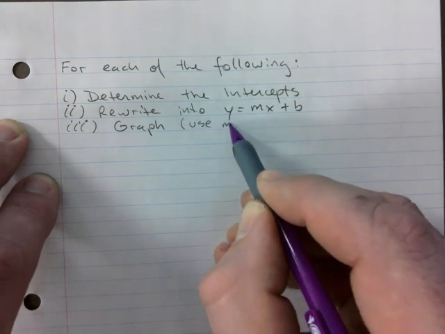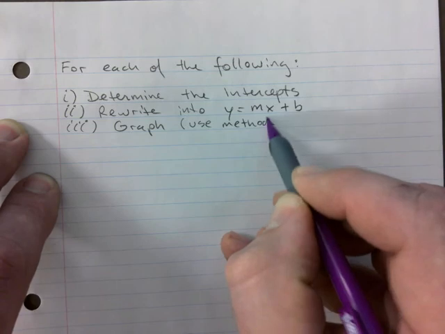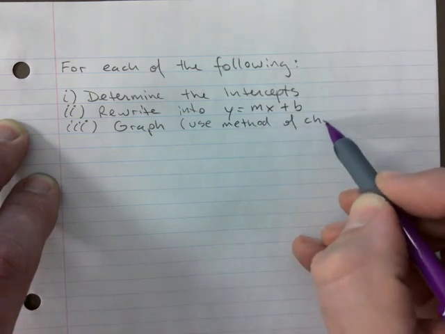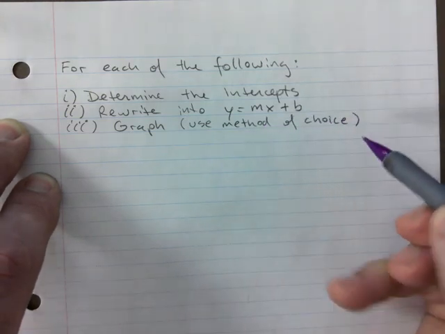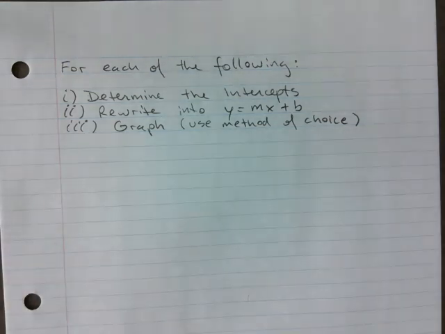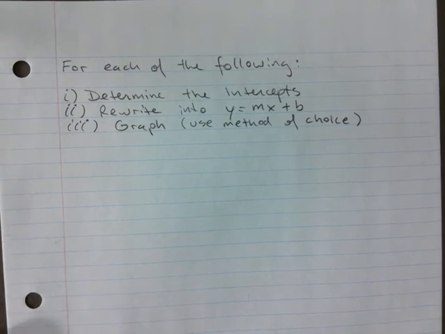Use method of your choice. I would just use my intercepts that I found, but maybe double check using your slope.